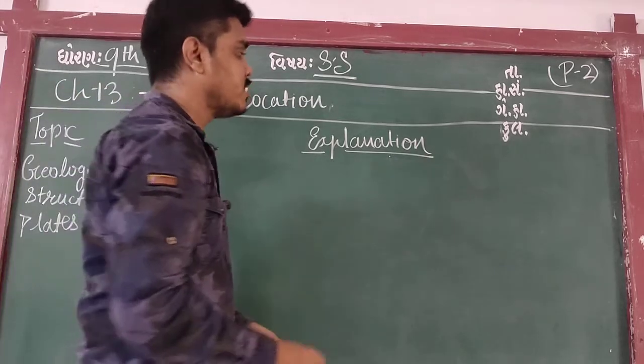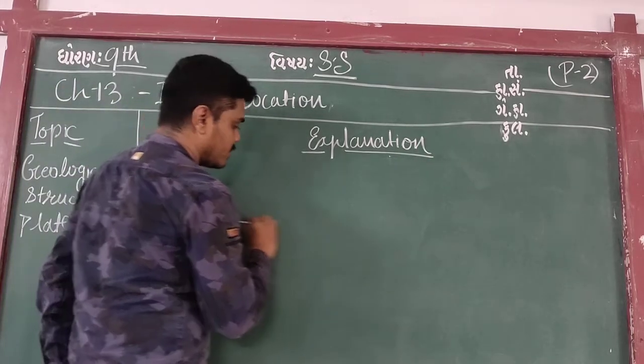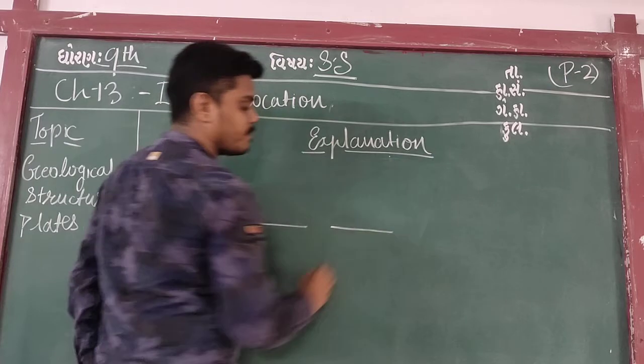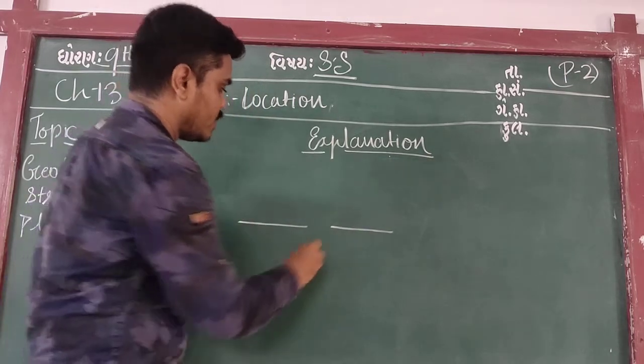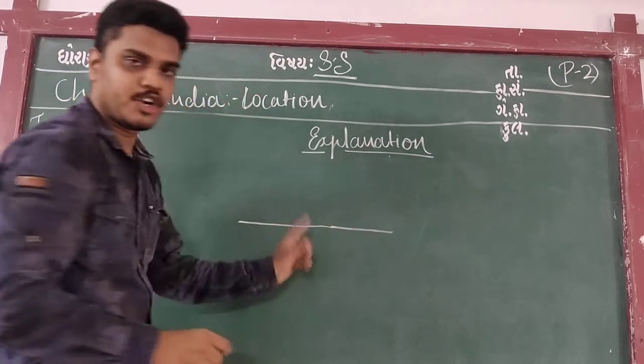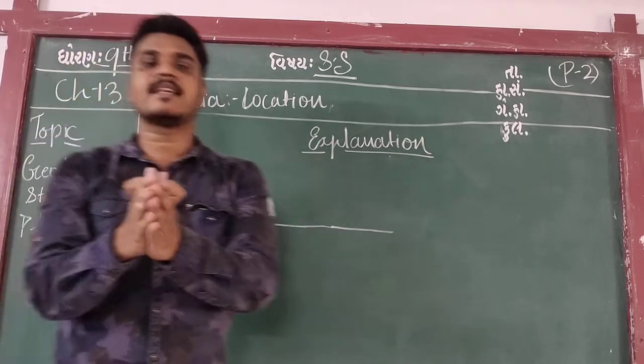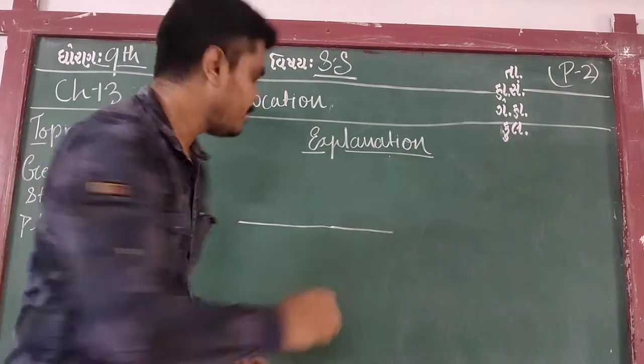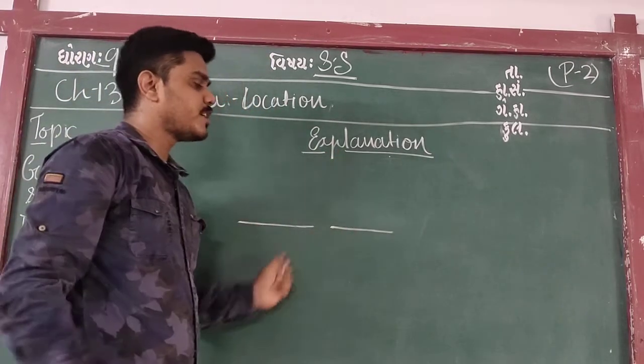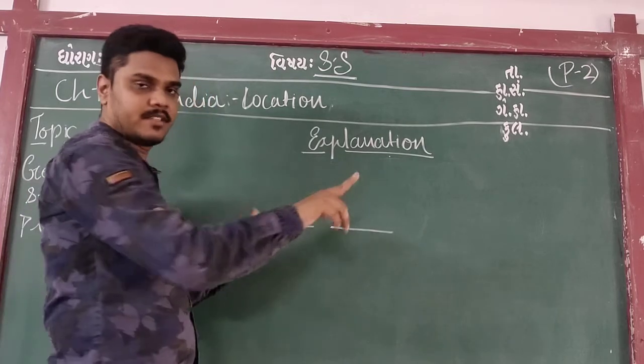Suppose there are two plates. If they both get separated, they will become divergent plates. They are divergent.